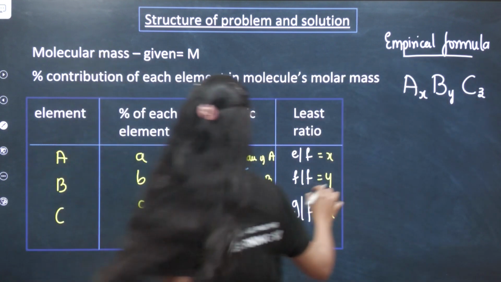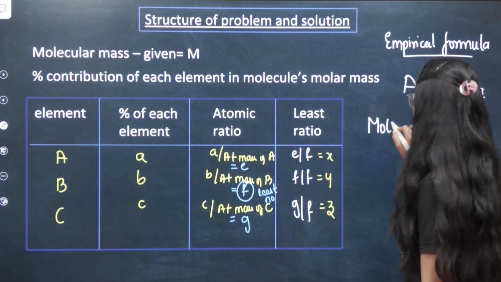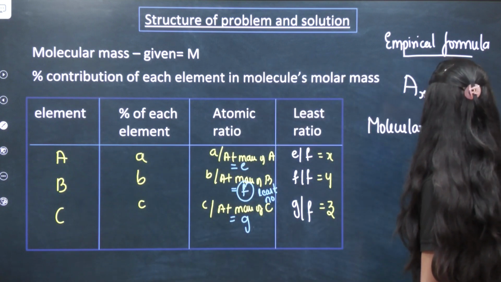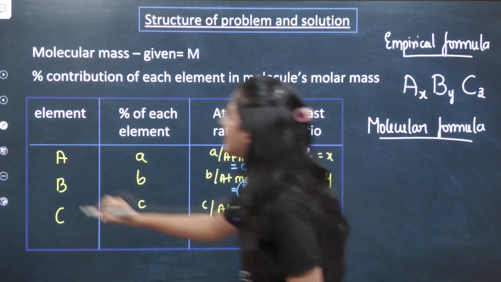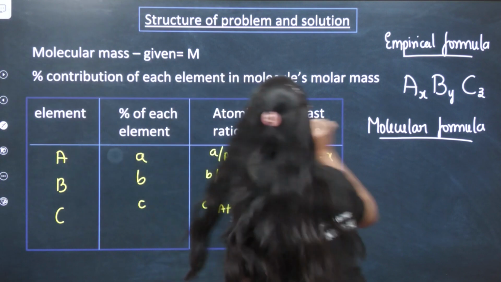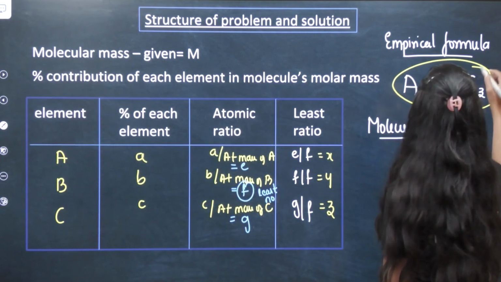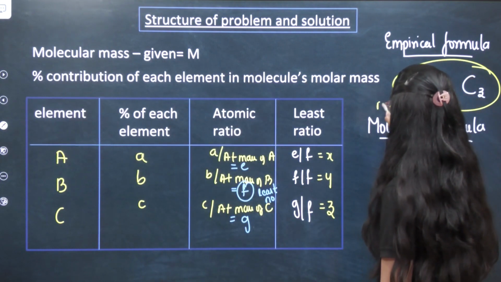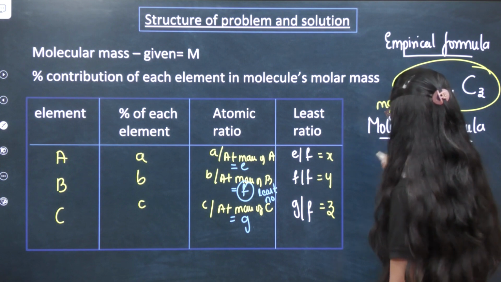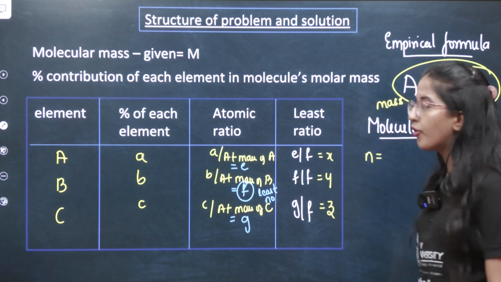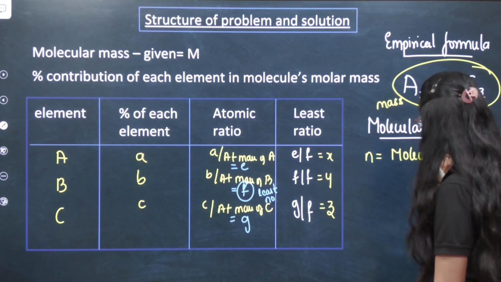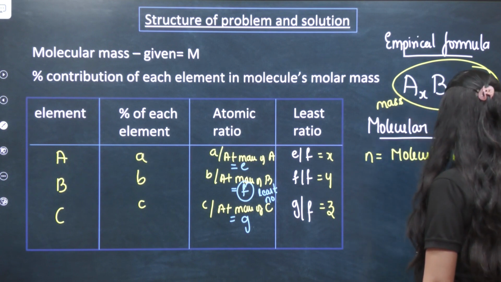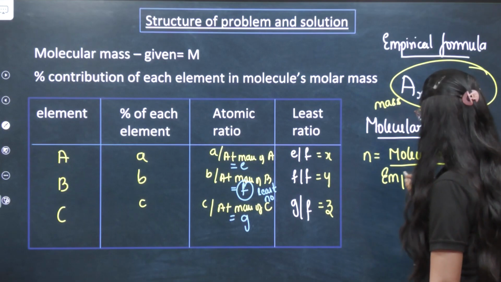For molecular formula, what do you have to do? You will calculate the mass of the empirical formula. And simply here you should calculate the value of n. That will be equal to the molecular mass, which will be given in the question, divided by the empirical formula mass.